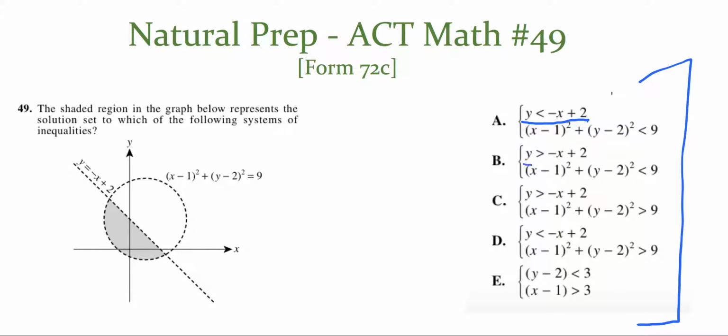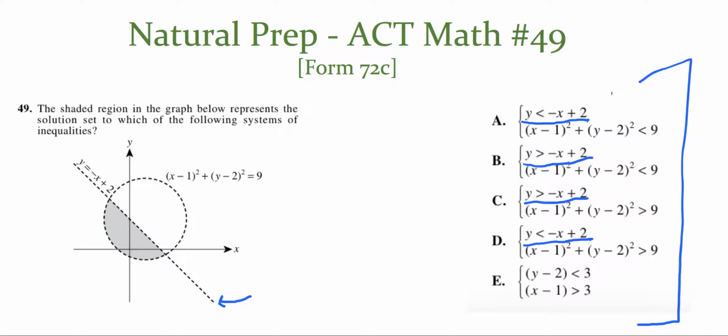We see y greater than negative x plus 2, and in 4 of the answer choices there's something that involves that. So let's take a look at that. This is the line right here, and we're likely going to need something that has that shaded on this side of the line.